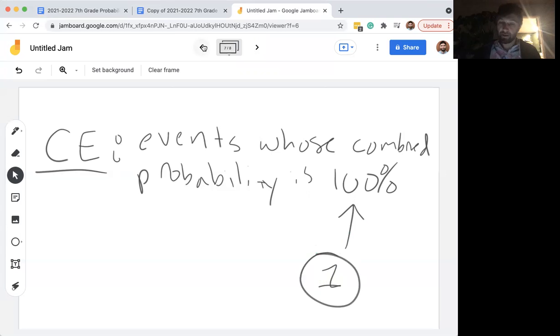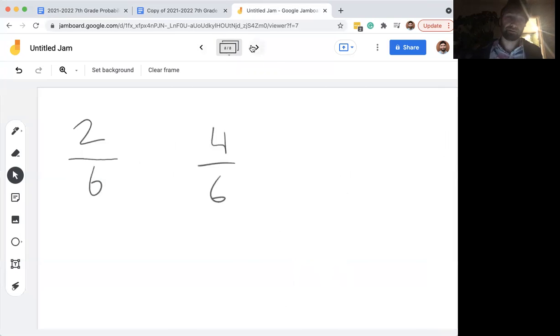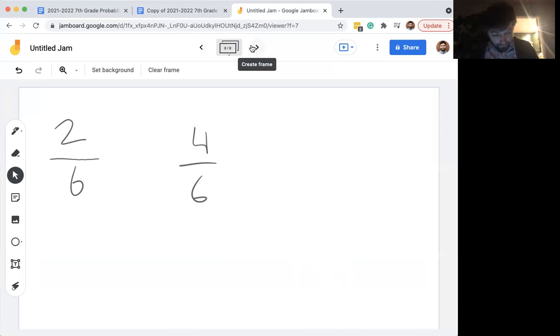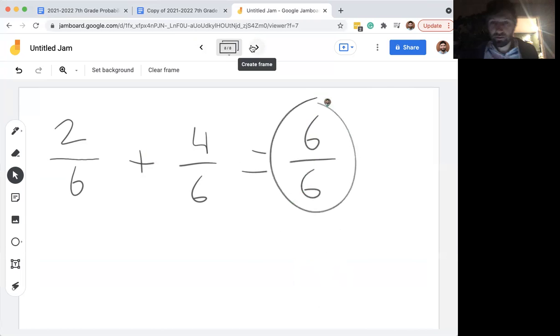So the combined probability is 100% if using percents, or 1 if we're using a fraction or a decimal. So 2/6 plus 4/6 equals 6/6, which is equivalent to 1. So they are complementary events.